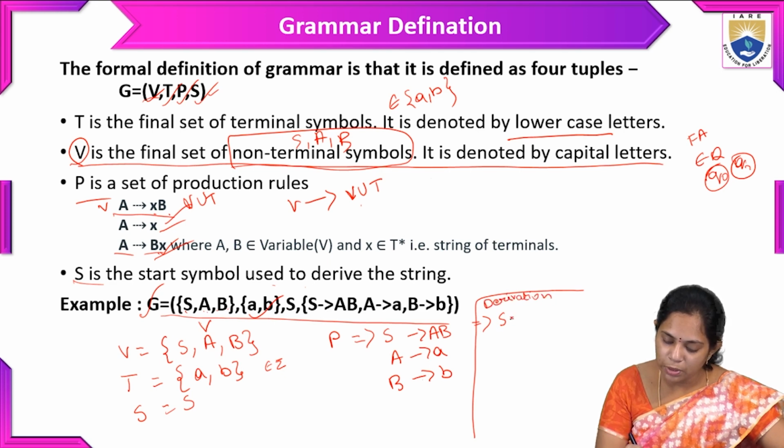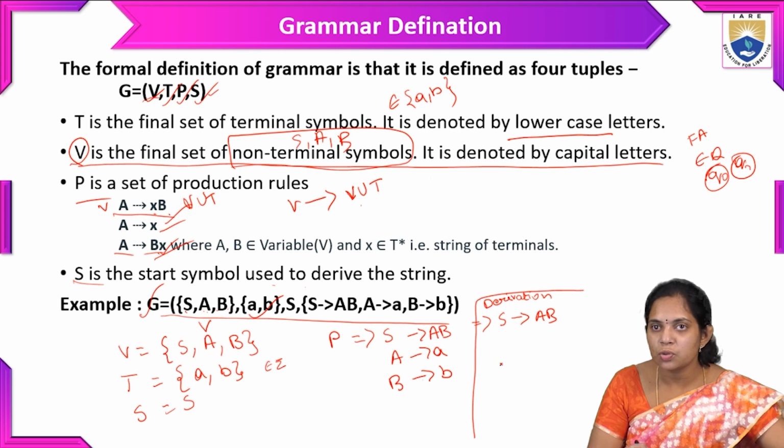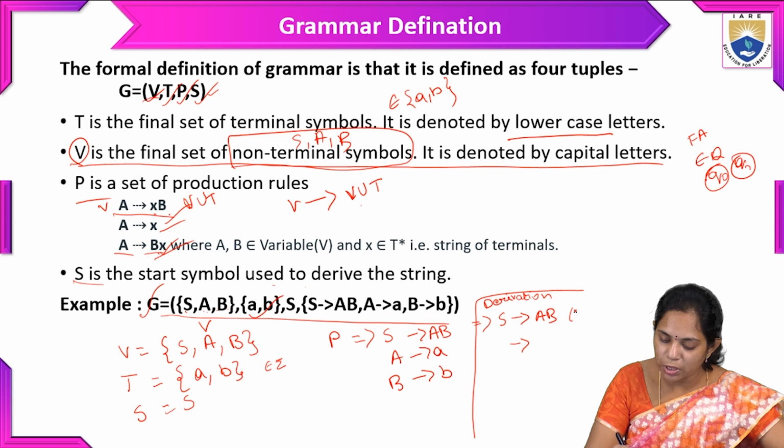How to derive means we have to substitute the values. With the given production rules we can form a language. We substitute S tends to AB, A tends to a, and B tends to b, and what we get is ab.